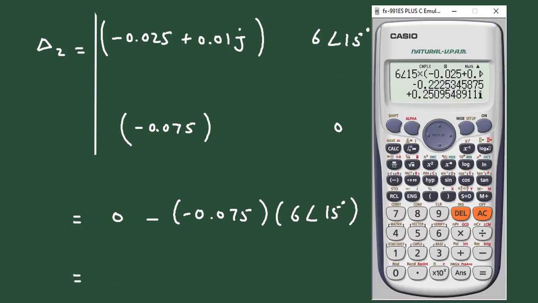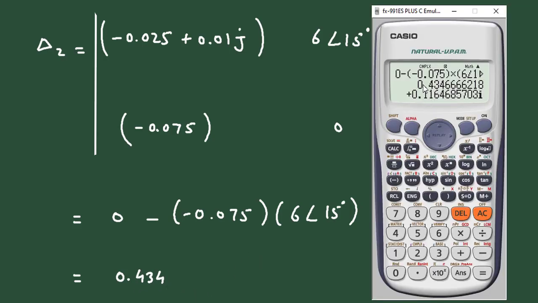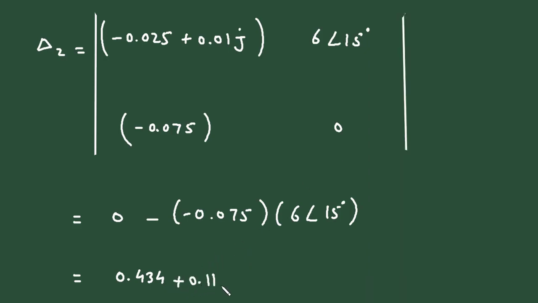Let's solve this in calculator: 0 minus 0.075 multiplied with 6 at an angle 15, it is equal to 0.434 plus 0.116 j. So this is the value of delta 2.